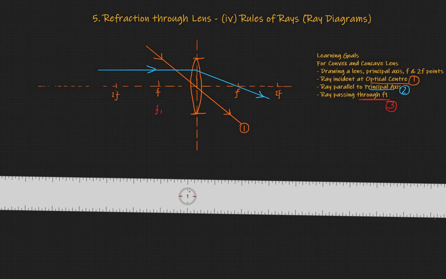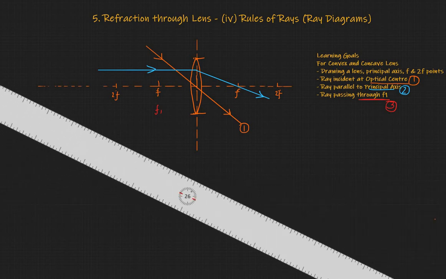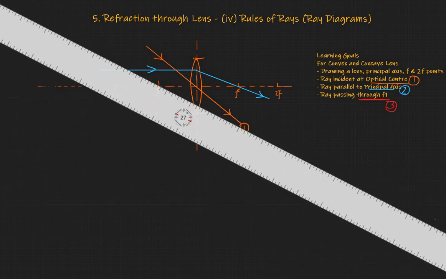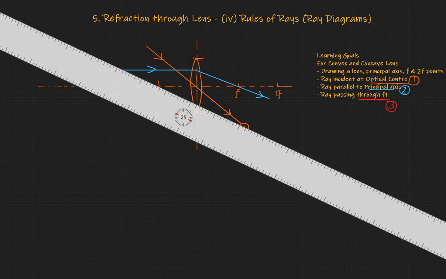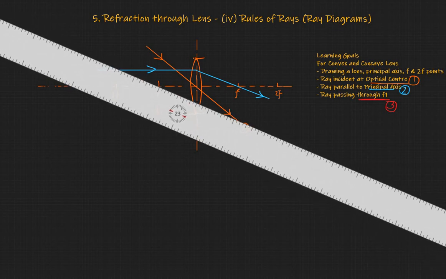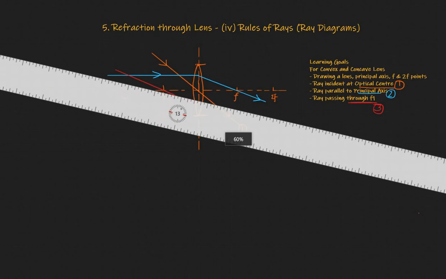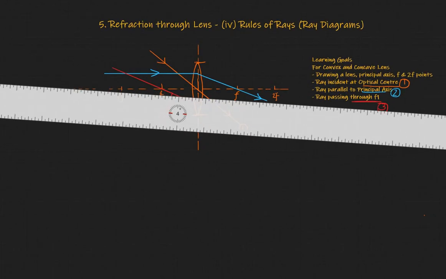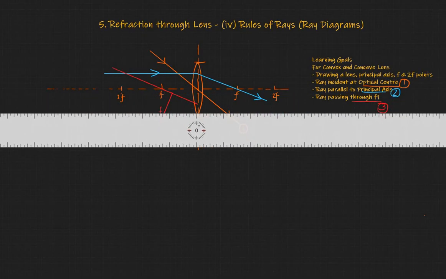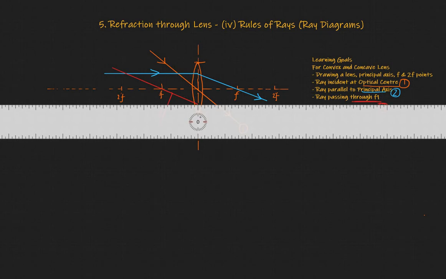So you can easily predict that if a ray passes through F1, it does not matter what angle it enters, it will exit parallel to the principal axis. So let's draw that. It will exit parallel to the principal axis.